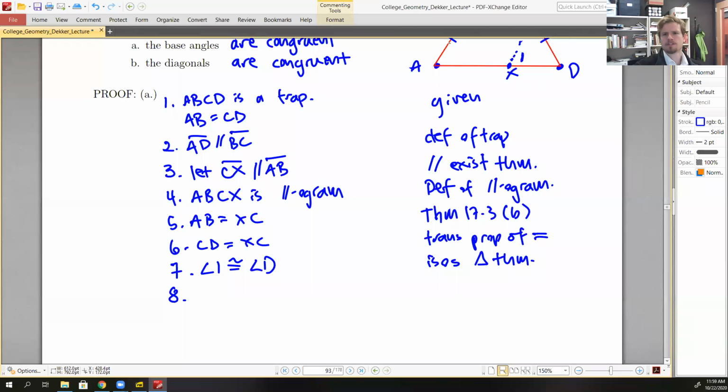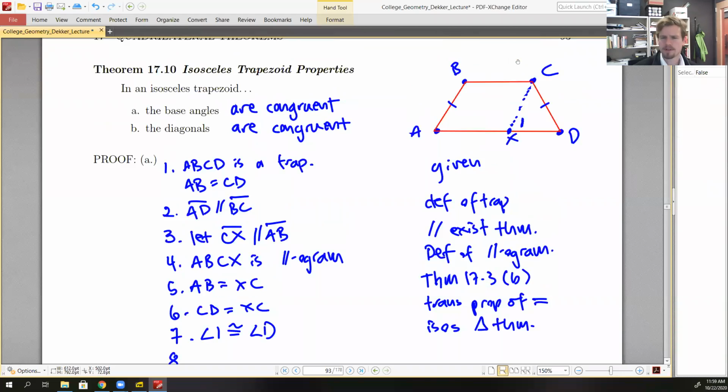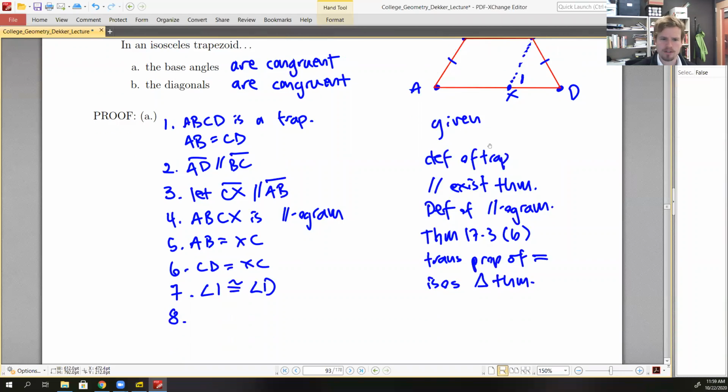So how is this angle and that angle related? We want to show that this angle and that angle are the same. We have a pair of parallel lines, and when we have parallel lines, the corresponding angles are congruent.